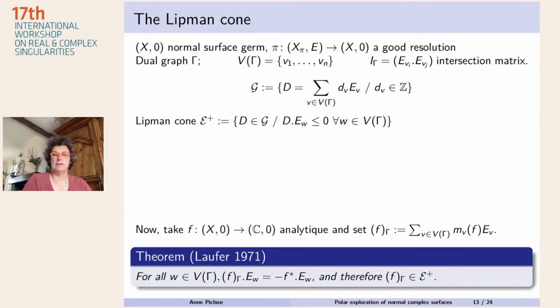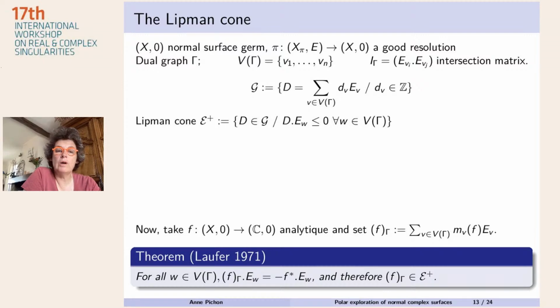Now what we want to do is to consider the Lipman cone E plus, and it is the subsemigroup of G, which consists of the elements of G whose coefficients dV are positive, okay?